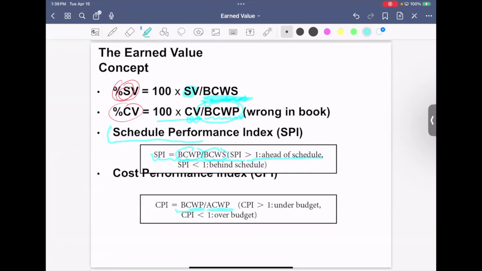If this is more than 1, that means you are under your budget, right? But if this is less than 1, meaning BCWP minus ACWP is less than 0, that means you are over the budget, right? So that is a different way to show the SV and the CV, okay?